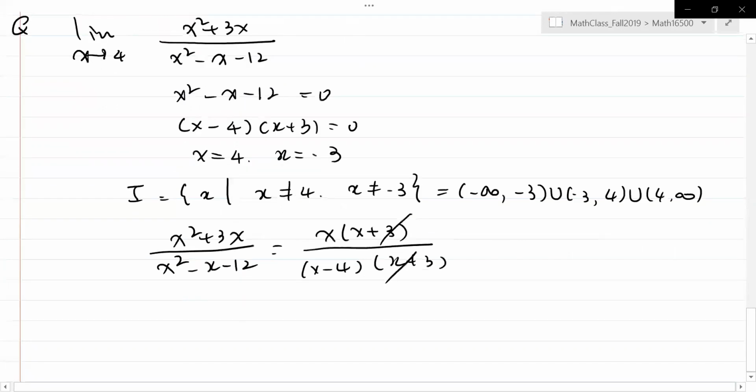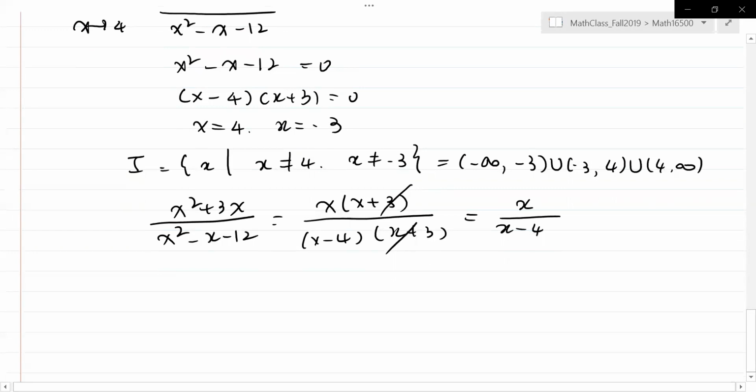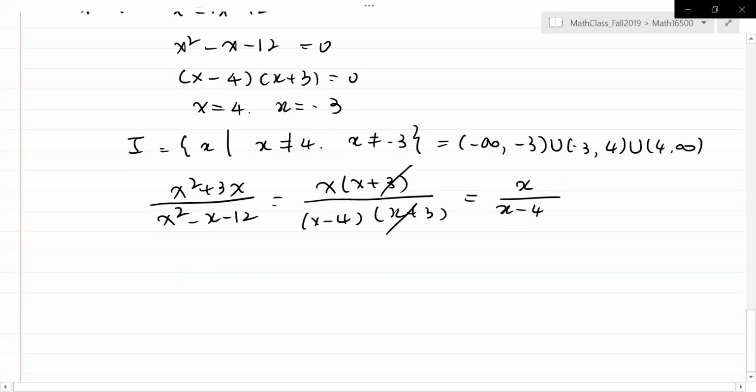So we simplify the quotient. So you get x over x minus 4. That's good enough. All right. So now you have a function not defined at 4, but defined on both sides of 4. So to understand the limit, you have to look at the right-hand limit and left-hand limit.